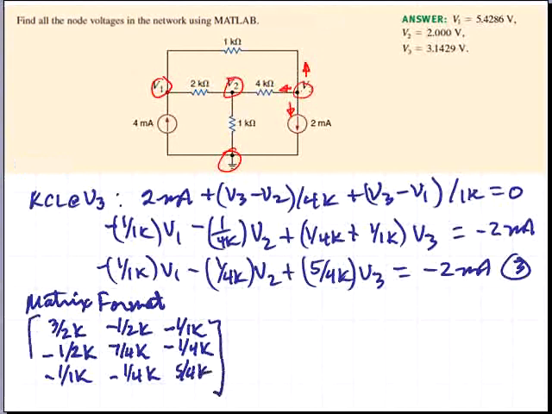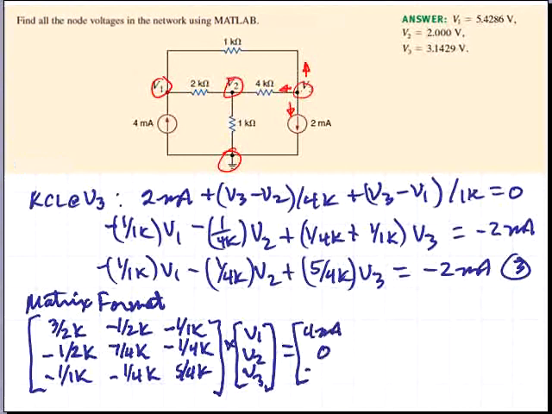That's the conductance matrix times the voltages V1, V2, V3 is equal to the currents 4 milliamps, 0 and minus 2 milliamps.